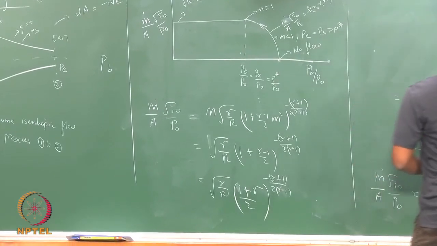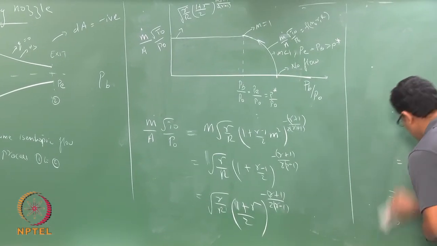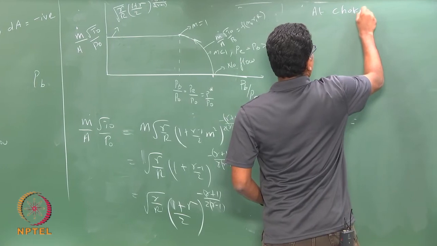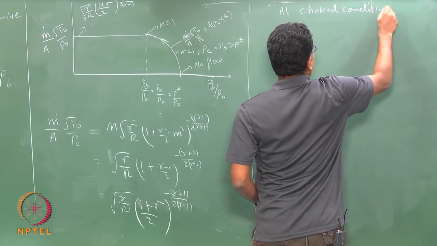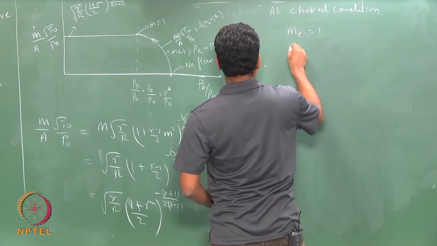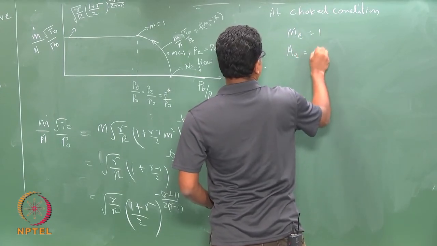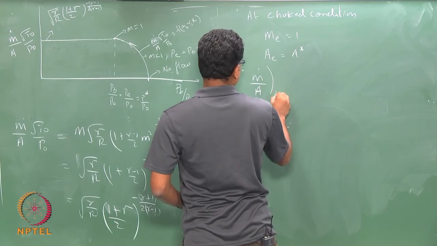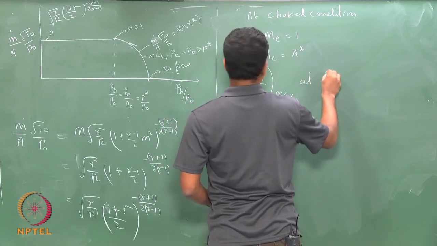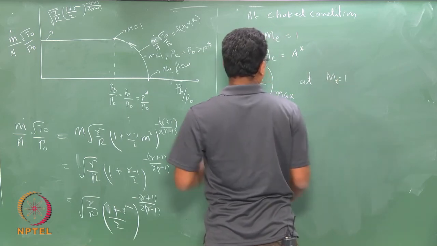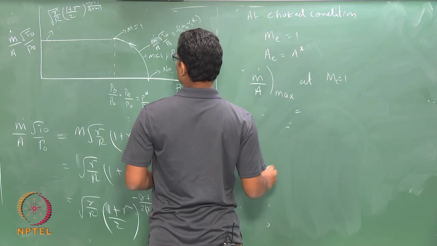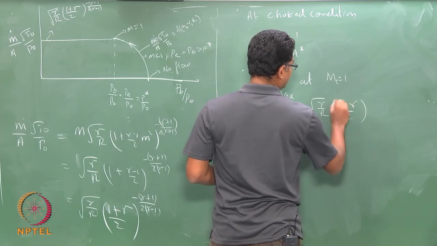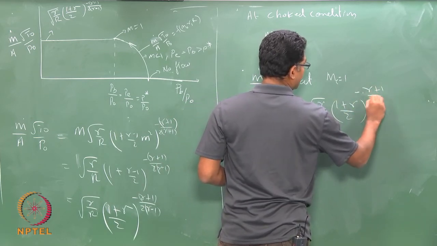So, at M equals 1, M exit equals 1, your A exit is your A star, and your mass flow rate or mass flux is maximum at M equals 1, which is now just root of gamma by R into 1 plus gamma minus 1 by 2 to the power minus gamma plus 1 by 2 into gamma minus 1.